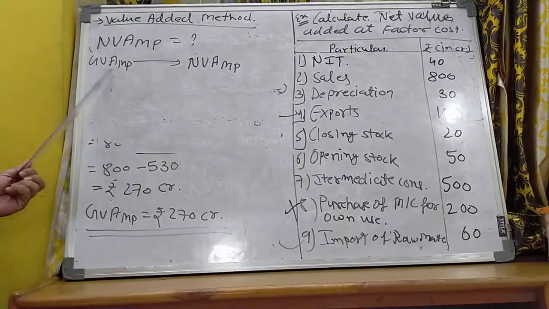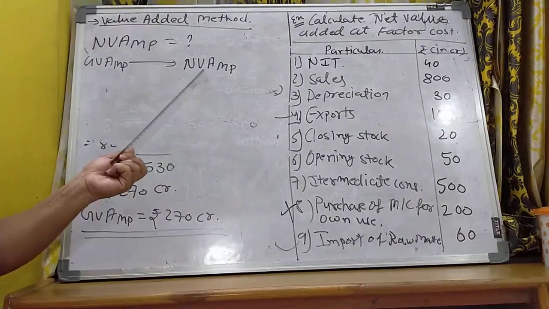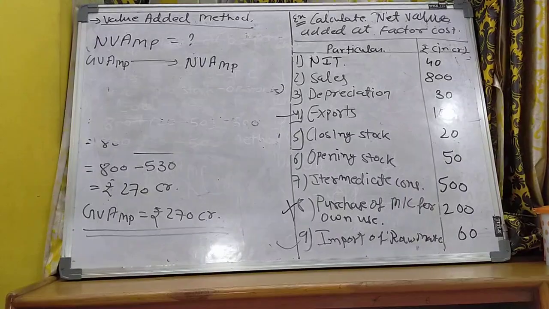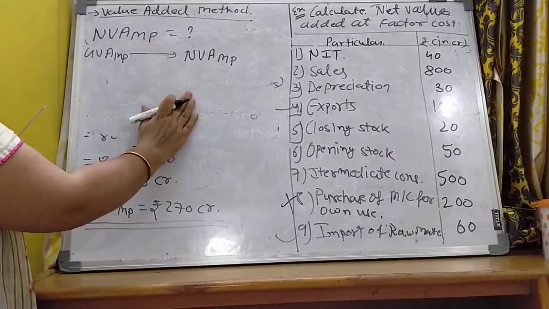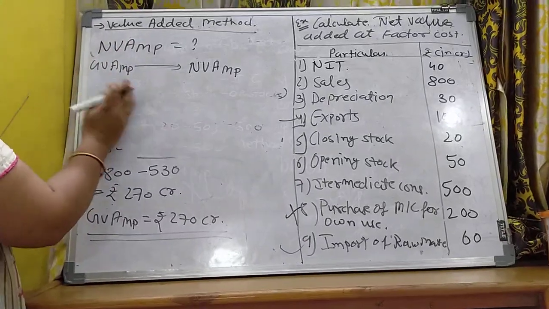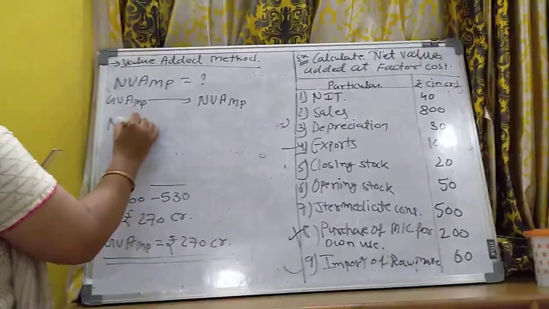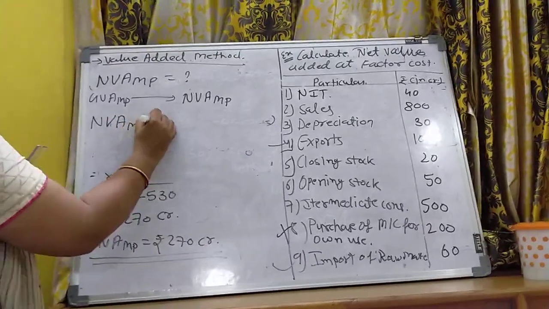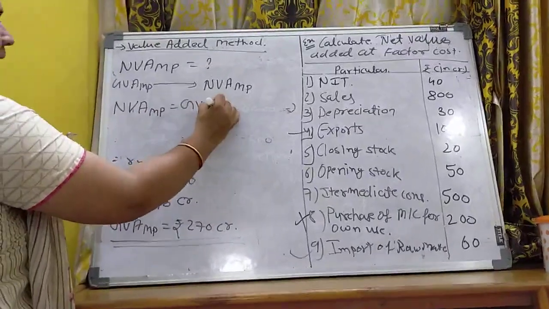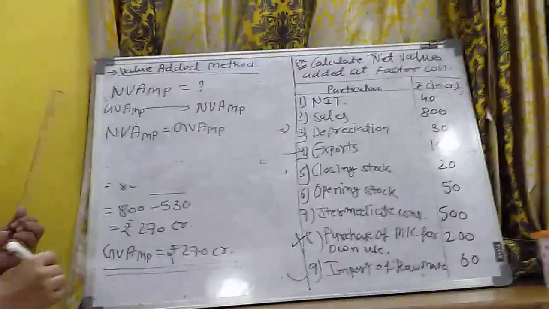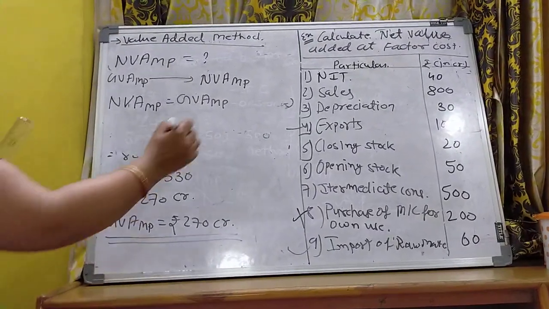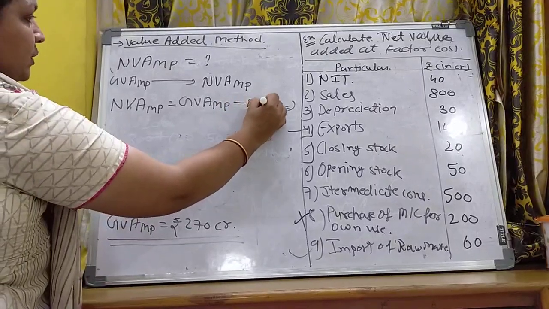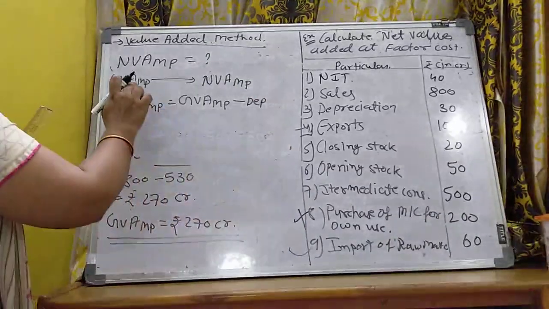So we have the GVA MP value, and our destination is NVA FC. Whatever we have to find out, as per the maths rule, we write on the left side. So NVA FC equals GVA MP. Now same procedure, gross to net, it means minus depreciation.